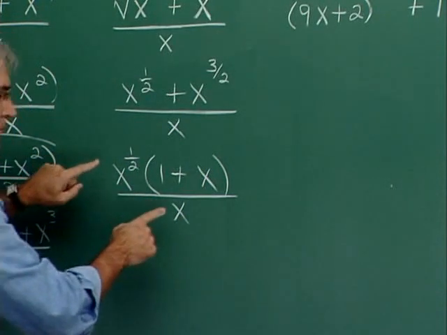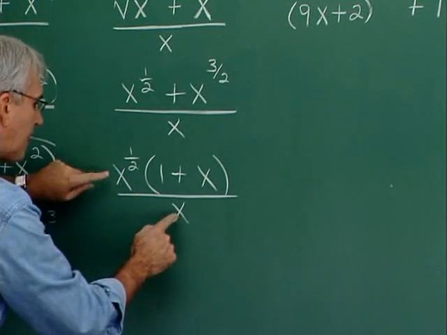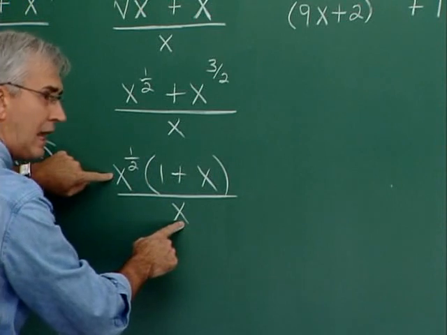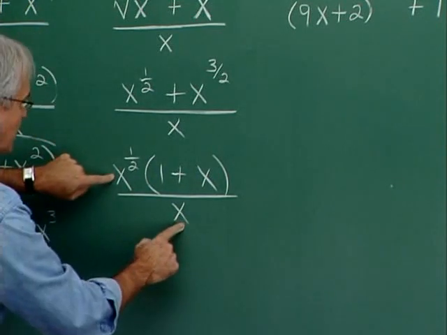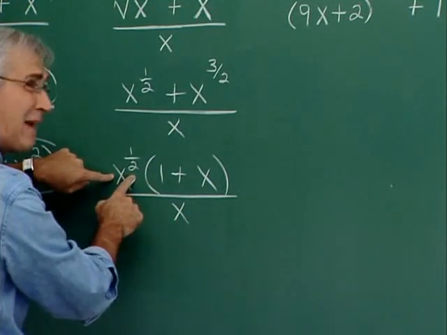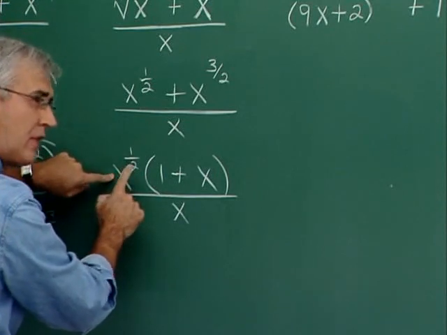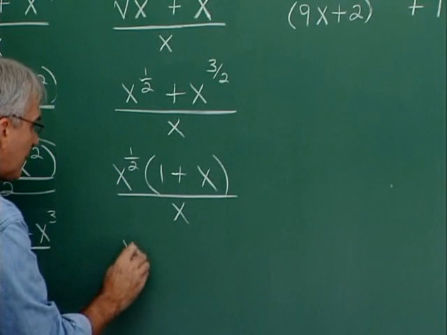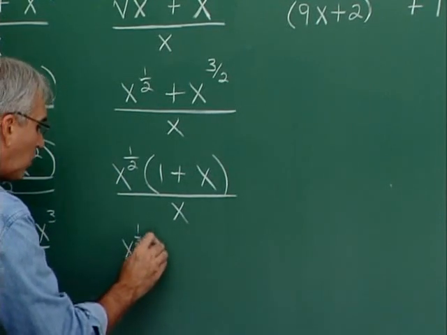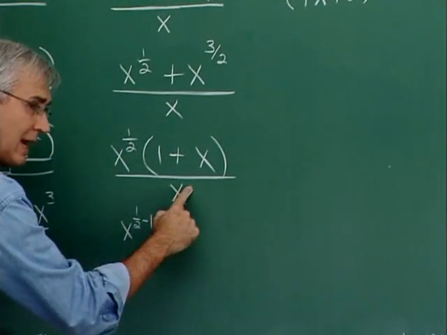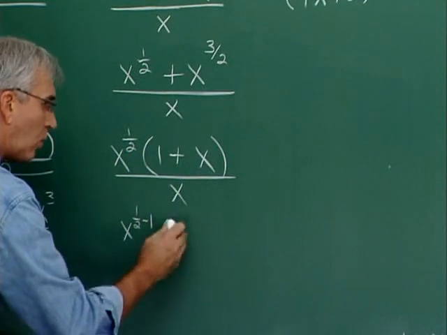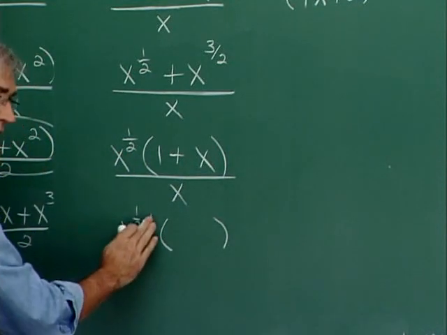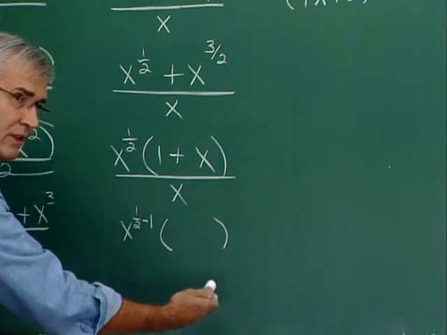Now, remember that when you divide and you have like bases, you subtract exponents. And if you want the x base to be left in the numerator, then we would write this as x to the 1/2 minus 1, this exponent minus that one, times the 1 plus x. All right. However, this would leave us with a negative exponent, and we would have to kick it down to the denominator.